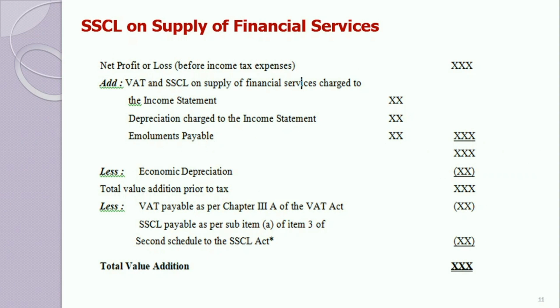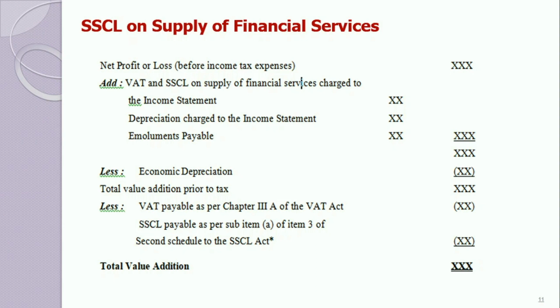You can calculate the value addition on supply of financial services by adjusting the net profit or loss before the income tax expenses. The adjustment should be made in respect of the VAT, SSCL charge to the income tax statement, and depreciation and emoluments.